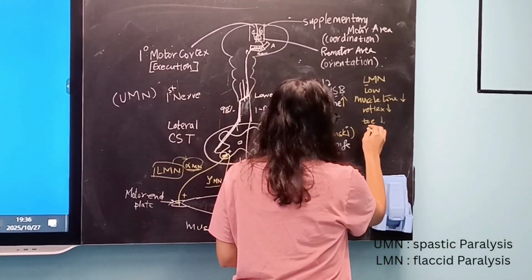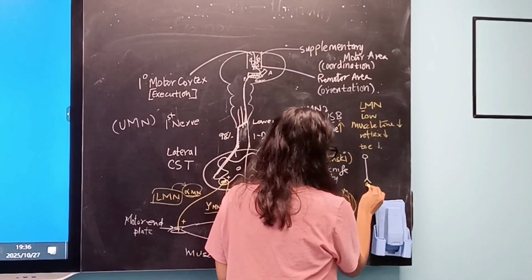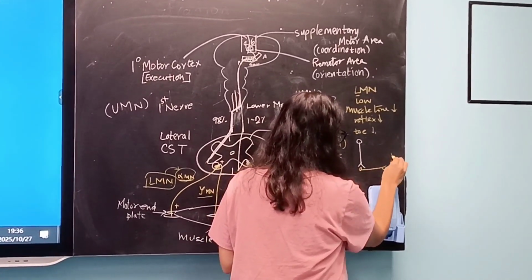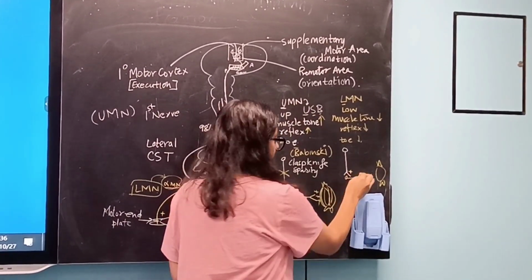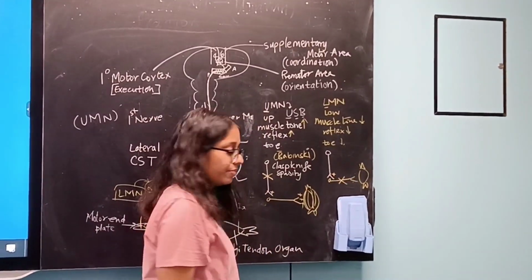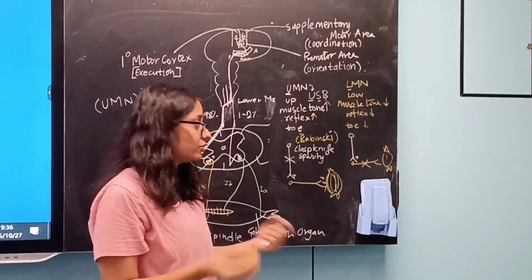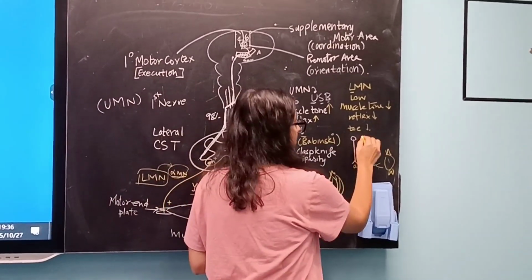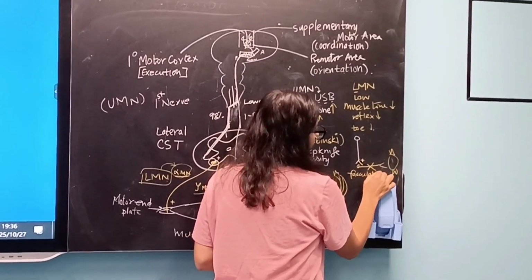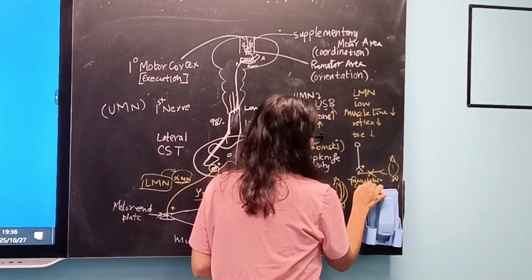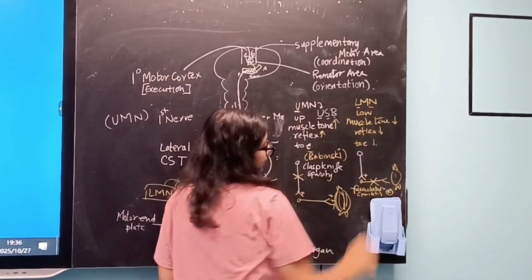Now to understand LMN, if this is the first neuron and this is the second neuron and this is the skeletal muscle we have, after the excitation this nerve is not functioning at all. So if this is not functioning, the muscle is not going to be moved. There is no movement of this muscle. But there is one thing called fasciculations or so-called twitching, which is going to be positive in cases of LMN lesion.